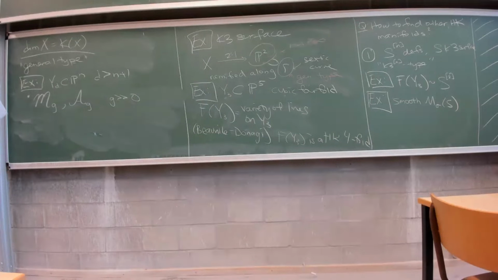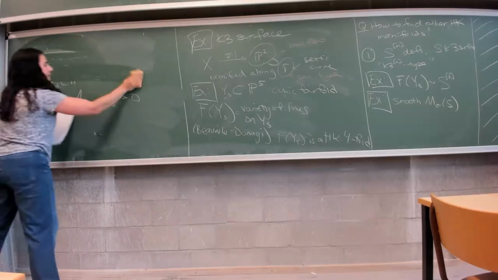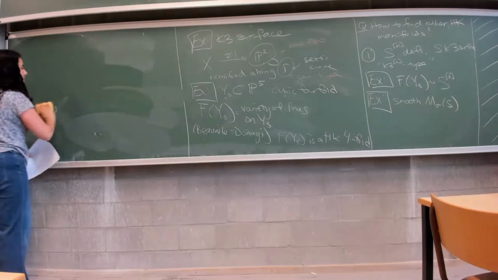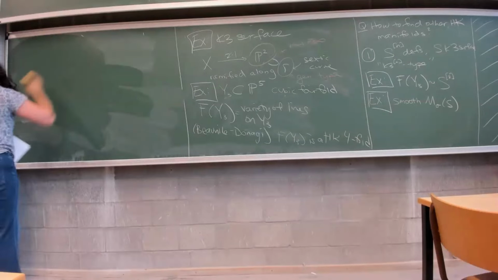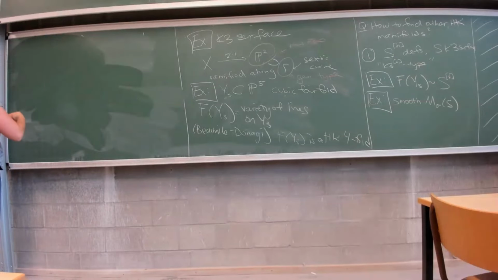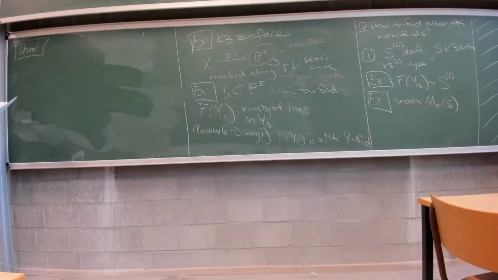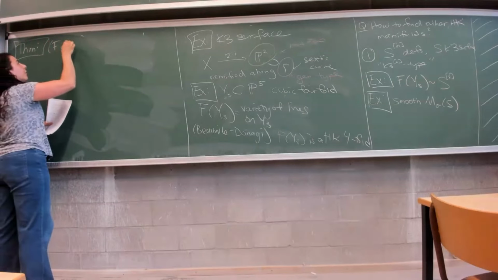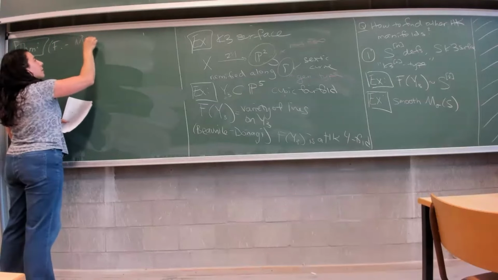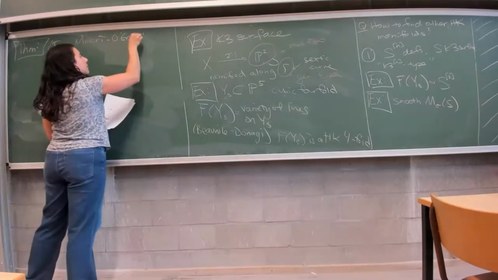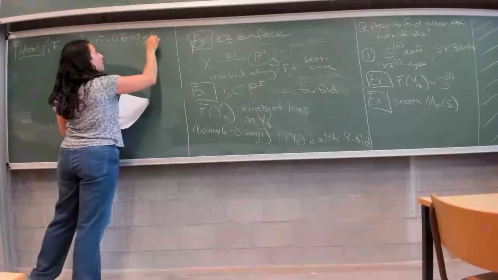Okay, so the theorem I'll write down now. The main theorem I want to talk about today is the following. This is work with myself, Emanuele Macrì, Kieran O'Grady, and Giulia Saccà.